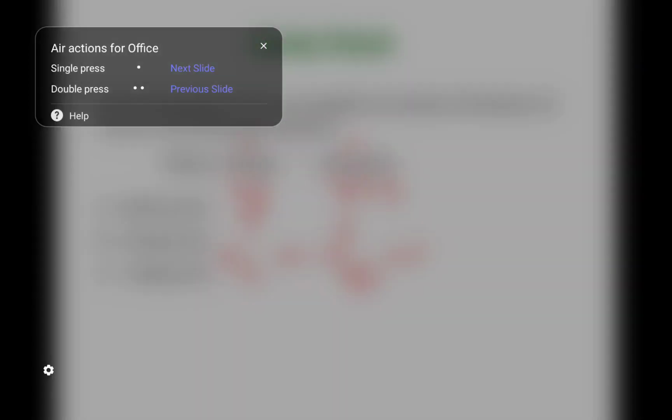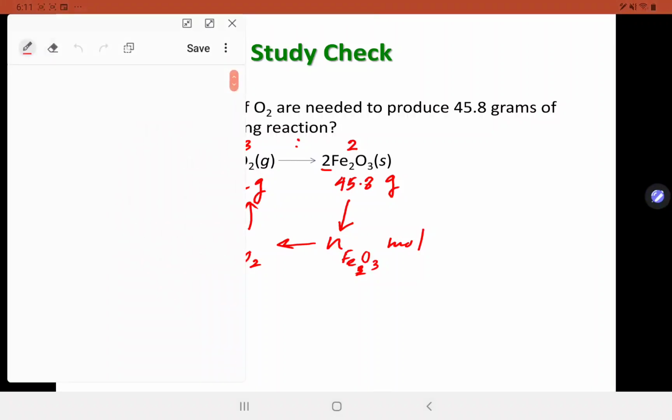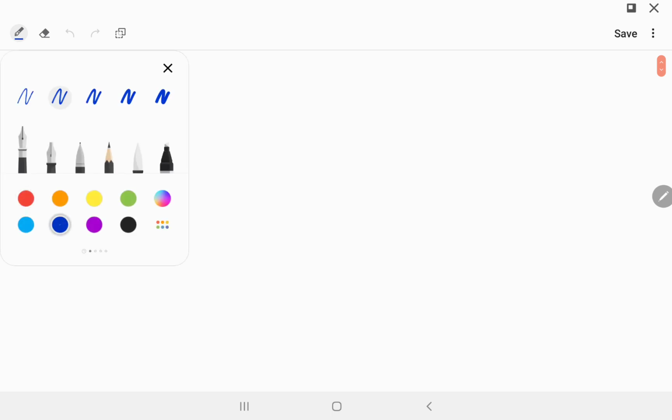So let me take a small notepad and do this calculation with you, but this is the last time that I'm going to do this calculation with you. Let's first write down the equation. The equation we have is the iron and oxygen reaction.